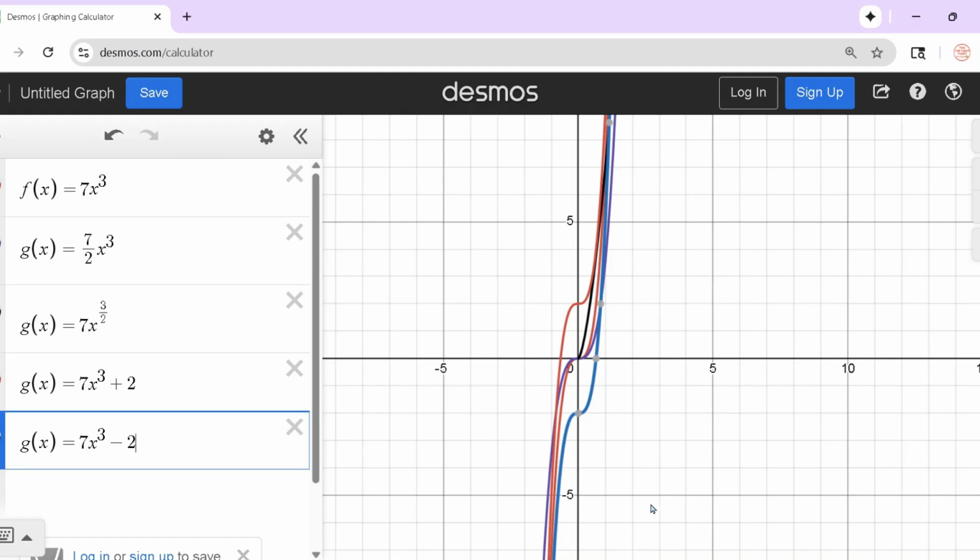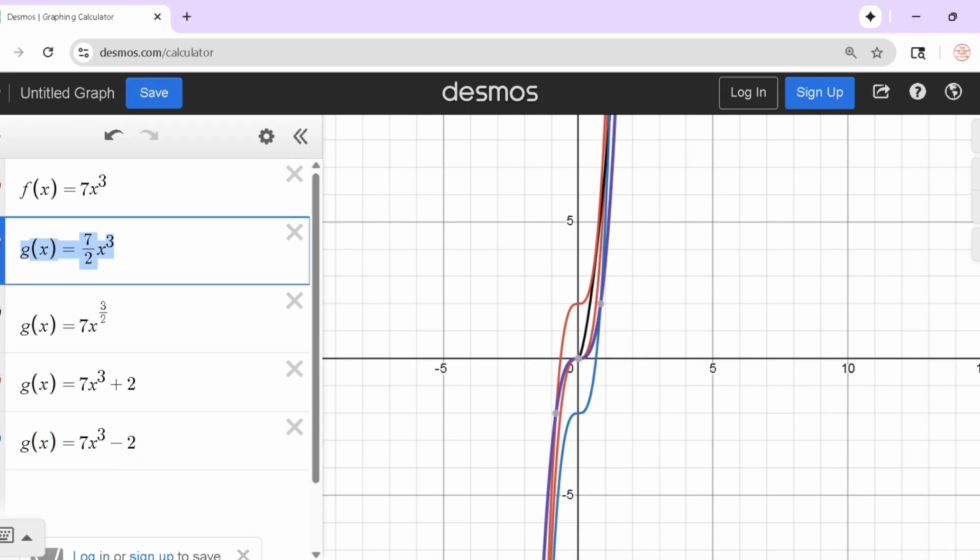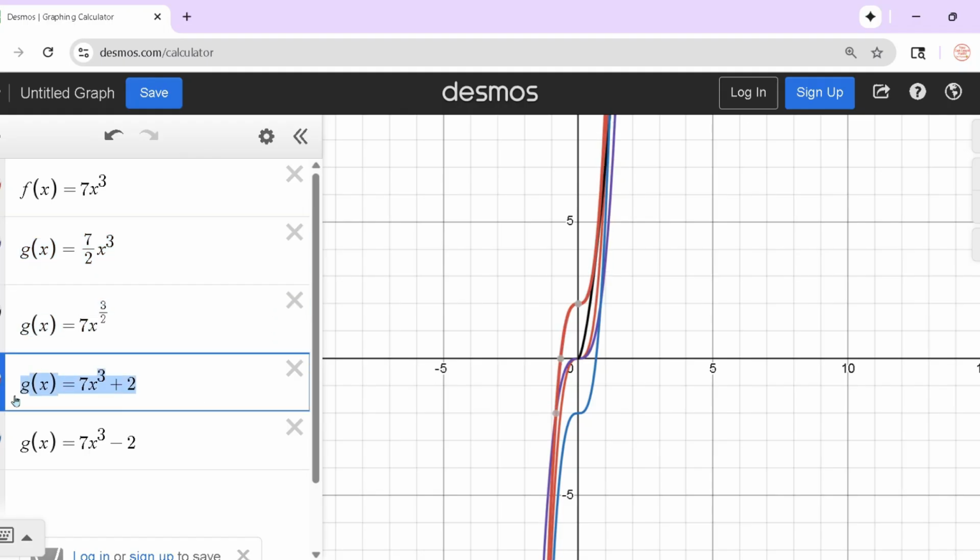And then finally, I'm looking at the graphs. Okay, I see that the one that moved it down is the 7x cubed minus 2. Now, things might work in your favor when you're graphing, and maybe it was the A. That was the answer, and you type it in, you graph it, you see it, and you go on your merry way. But sometimes, like in this case, you would have had to type in all 4 of those before you found the correct answer.